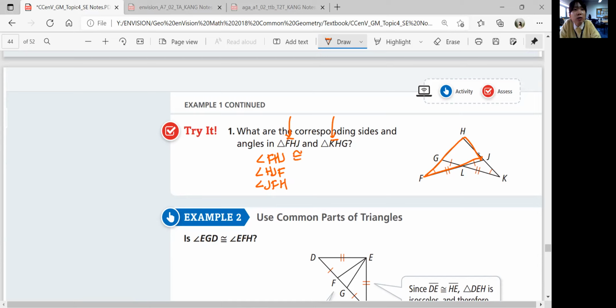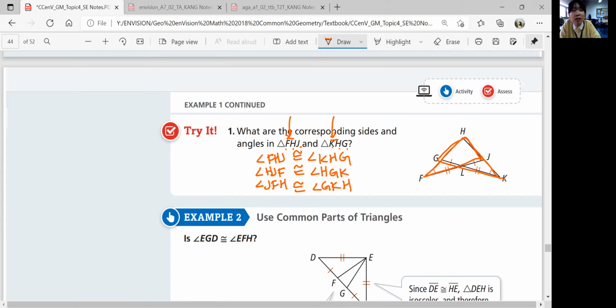Okay, that should be congruent to the corresponding angles for KHG. Okay, your order must be the same. So FHJ should correspond to KHG. HJF should correspond to HGK. JFH should correspond to GKH.